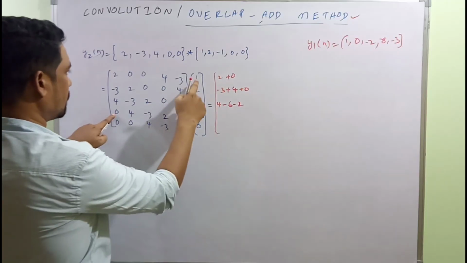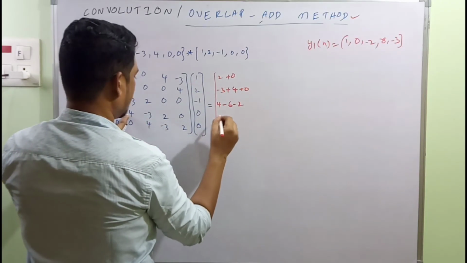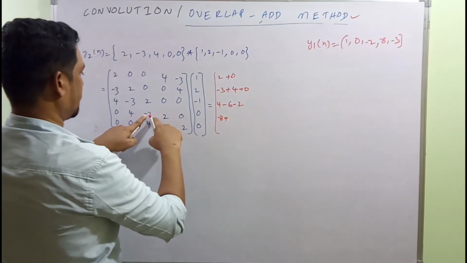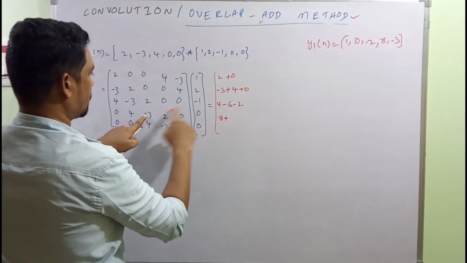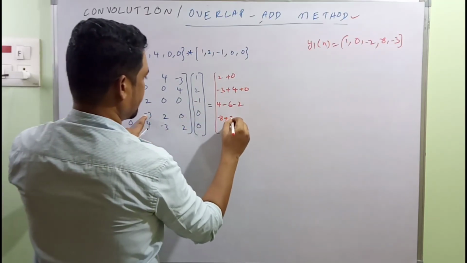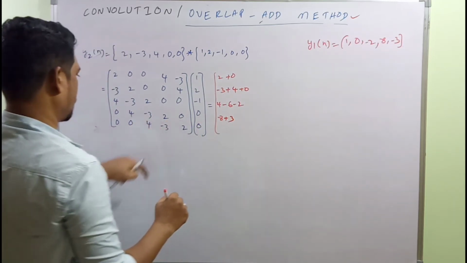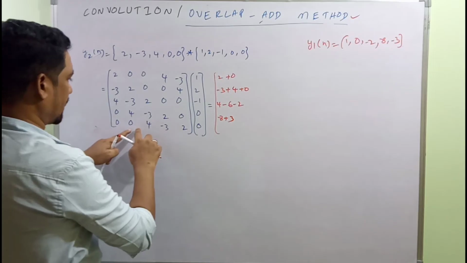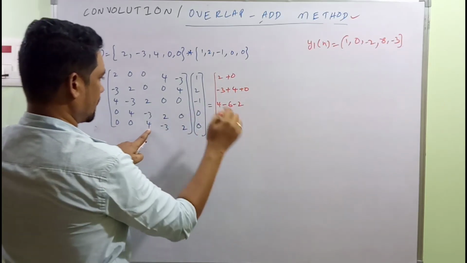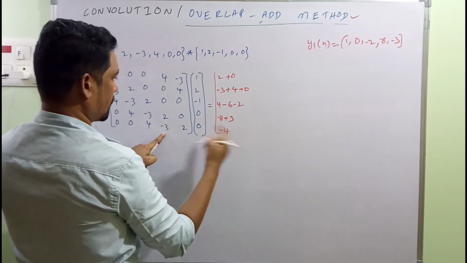And here 0 into 1, that will be 0, plus 4 into 2, 8 plus third element, minus into minus, plus 3 into 1, that will be 3, and 2 into 0, 0 into 0, that will be 0, so no worry, and 4 into minus 1, that will be minus 4, 3 into 0, 2 into 0, that's it.